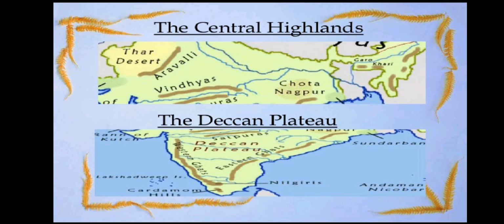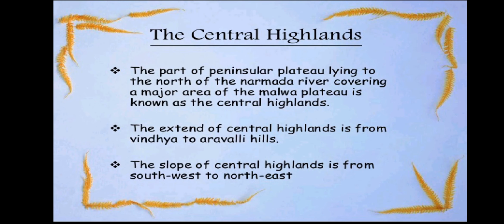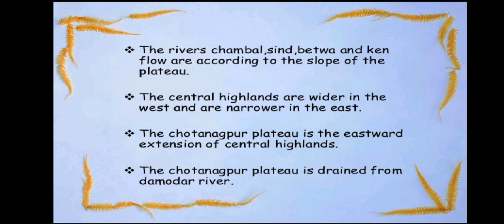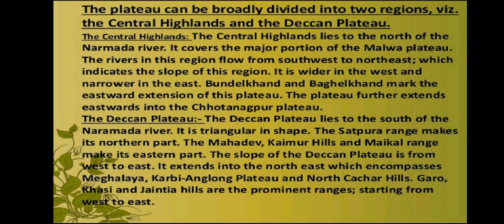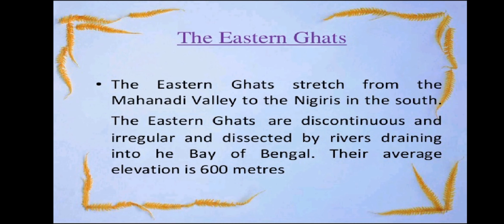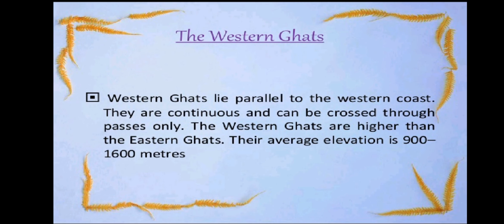I showed you the physical map of India in parts so that you can locate Central Highlands and the Deccan Plateau. After that, we discussed the features of Central Highlands and the features of Deccan Plateau. Again, we recalled both. After that, we went to Eastern Ghats and the Western Ghats.